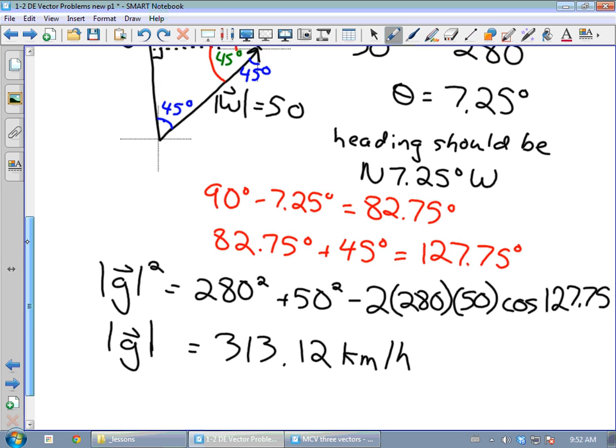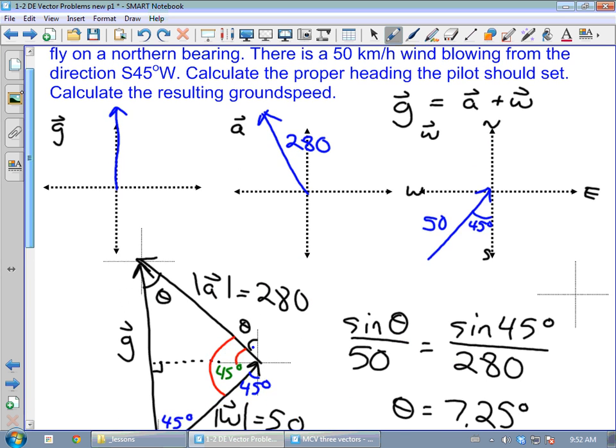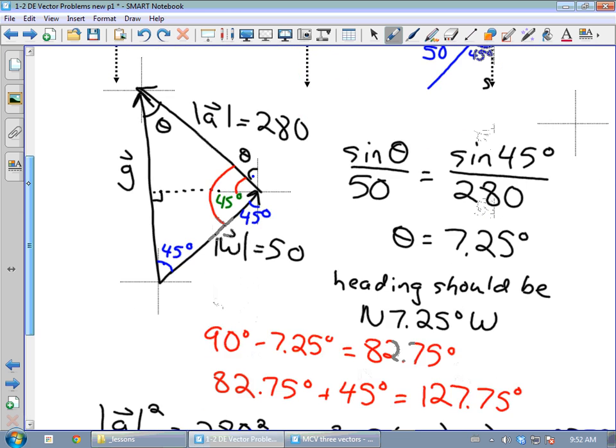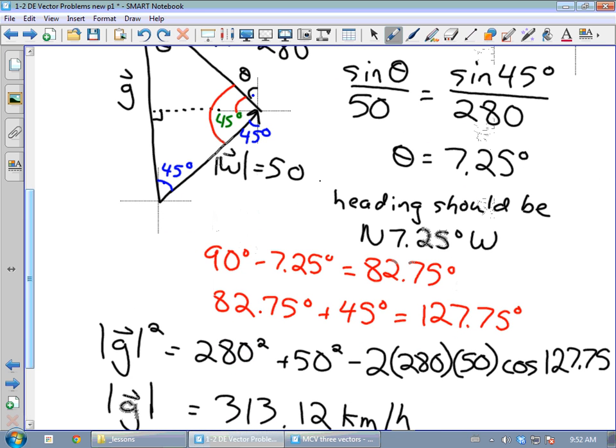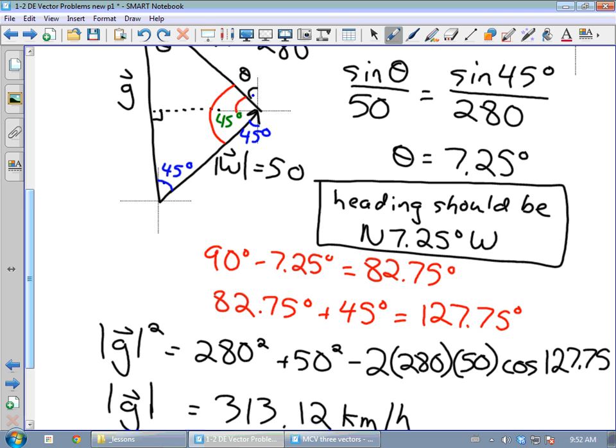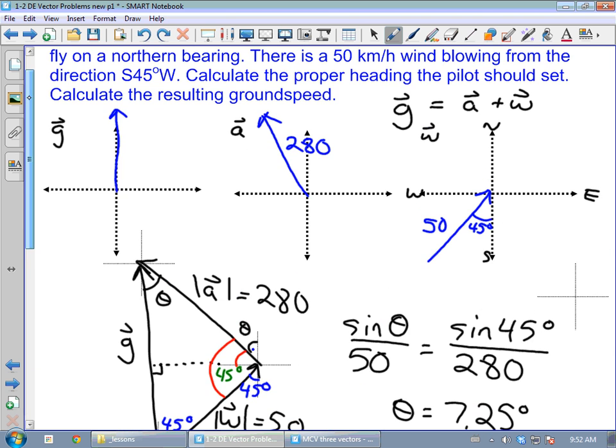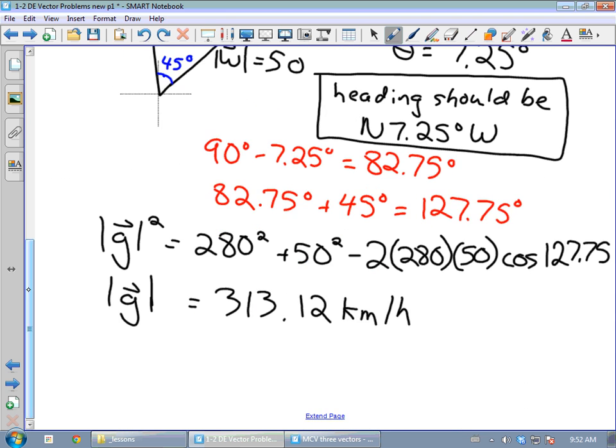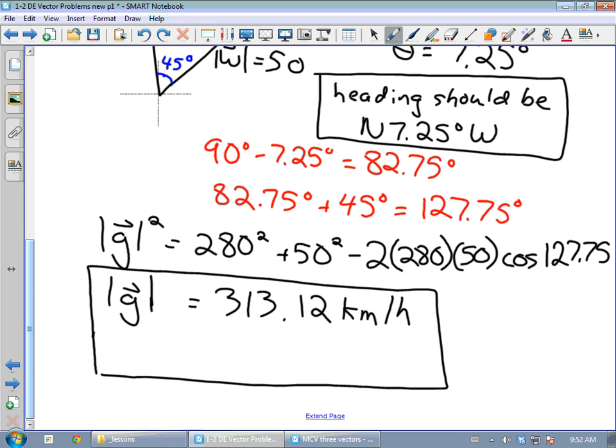So in our original question, we were asked to find two things: the proper heading, which we got in our first step here, and the resulting ground speed. We've got the magnitude right here, okay? And we know that the direction is going to be north because we were given that in the question. So magnitude is this.